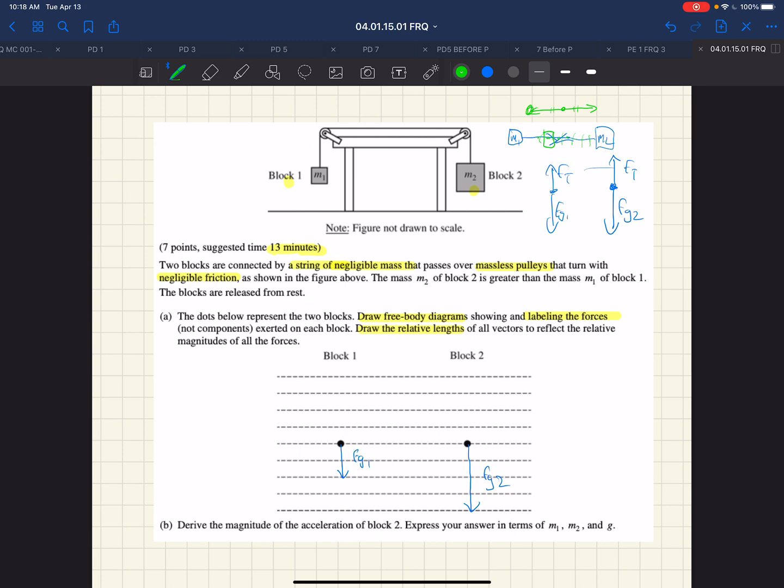It's not accelerating relative to these guys. So then when we go to draw that force of tension, have them like so. So then when we write out our equations, these two will cancel each other because they're in opposite directions.